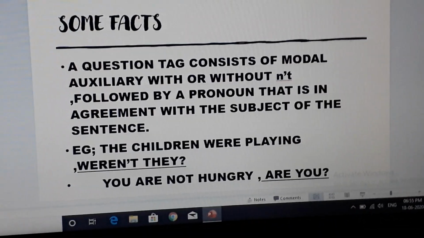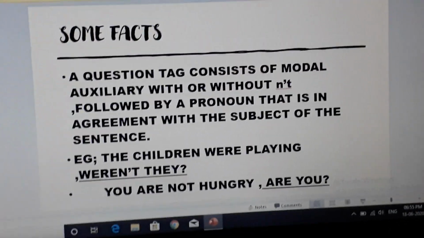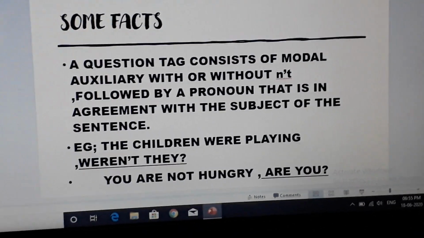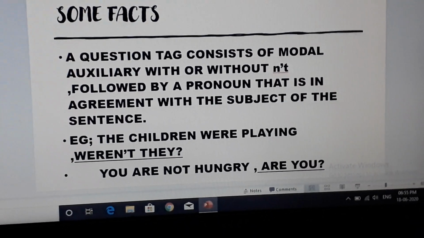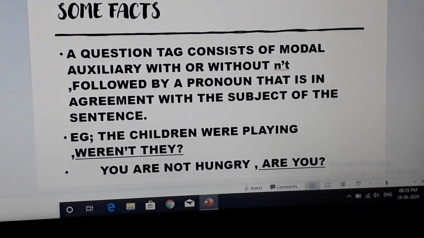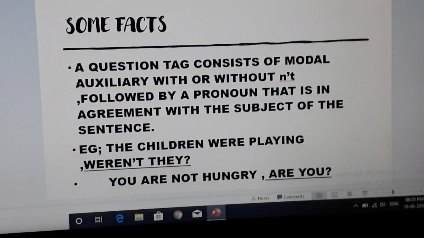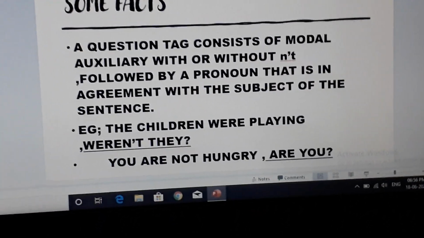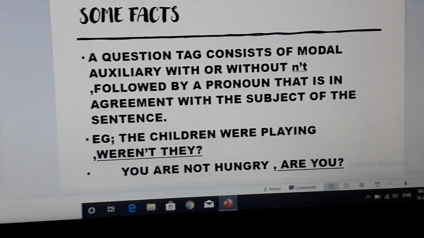Now some of the facts are, the first fact is a question tag consists of modal auxiliary with or without not followed by a pronoun that is in agreement with the subject of the sentence. It means that in the question tag there is a modal auxiliary. Now what is a modal auxiliary?